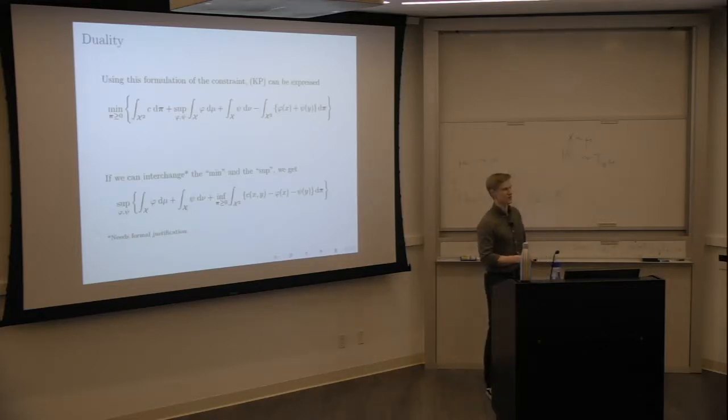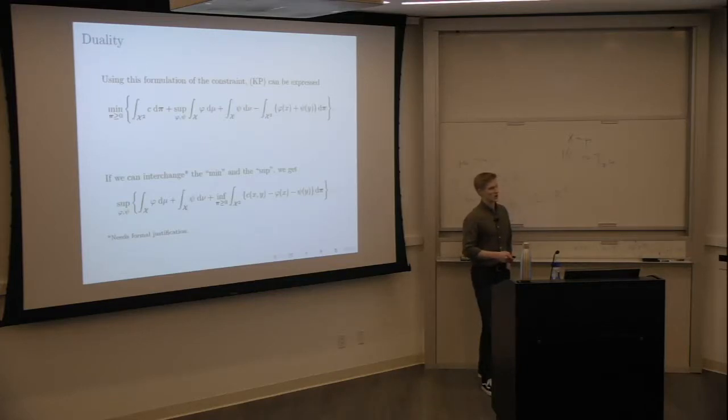But if we do this, we get a different optimization problem, which is now maximizing over the functions phi and psi of these two integrals. But the penalty now is in the form of this minimization problem over pi, right? This is just rearranging from here to here if we're allowed to interchange the operations.